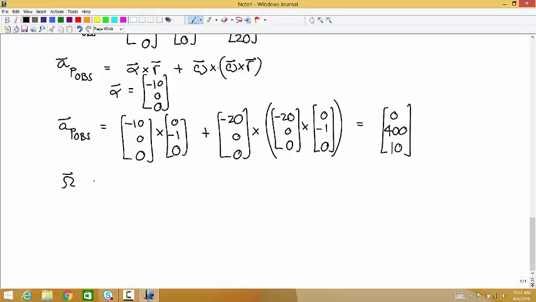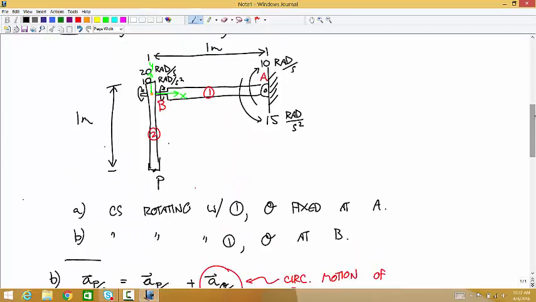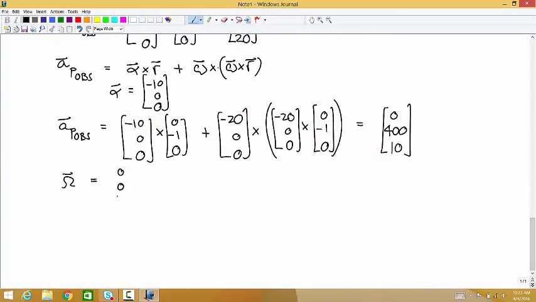And what's the angular velocity of the coordinate system? Zero, right, 0, 0, negative 10. And what's the angular acceleration of the coordinate system? Yep, 0, 0, positive 15.